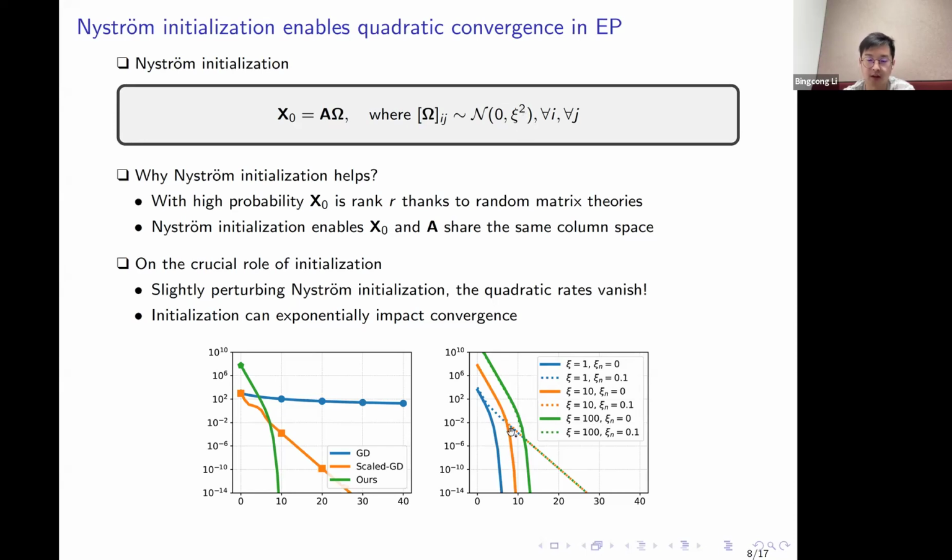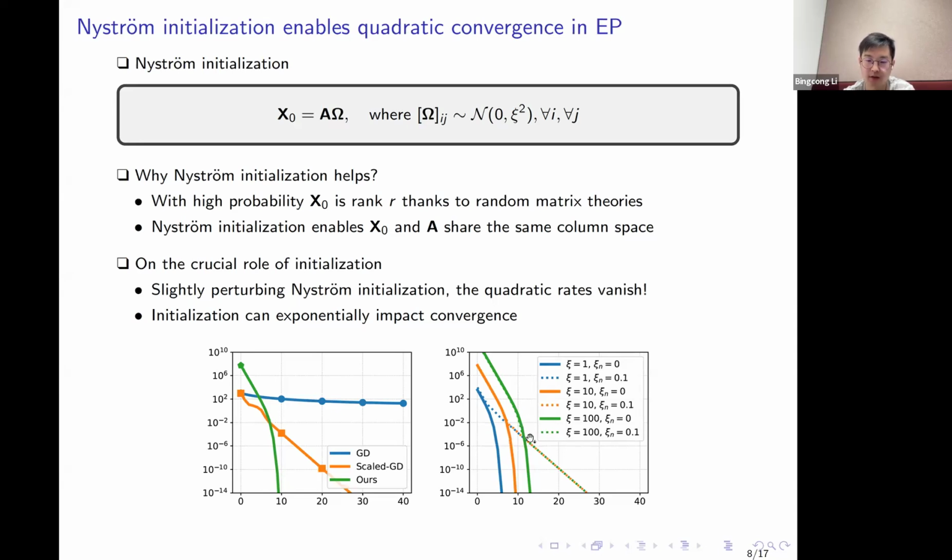And the dotted line is where we are using a perturbed Nyström initialization, meaning that we first get our x0 using Nyström initialization, and after that, we add a small Gaussian random perturbation matrix on top of it with standard deviation ξ equal to 0.1. In other words, this perturbation is quite small.